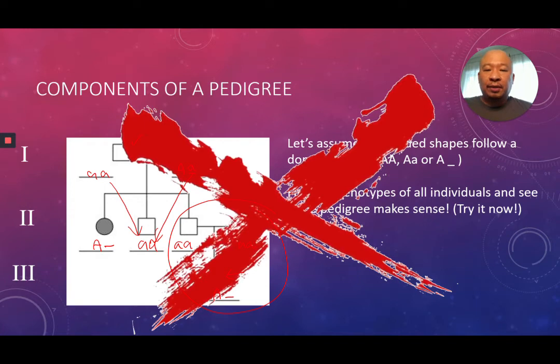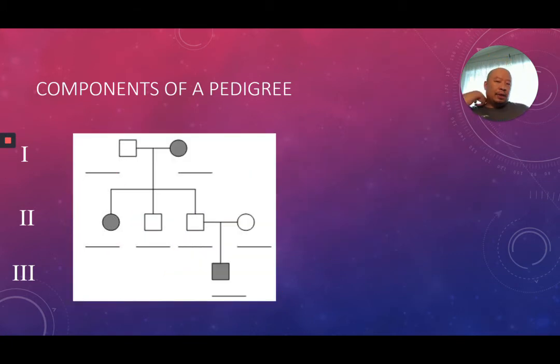Okay, so our original assumption that we were following a dominant gene is false. So let's try it again. Okay, so again, if you need to draw out the pedigree again, please do so. After you're done, you can just unpause it and carry on with the lesson.